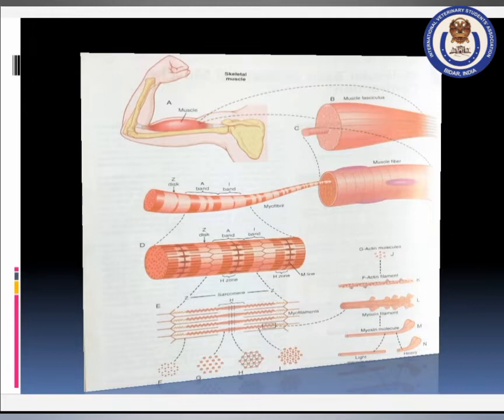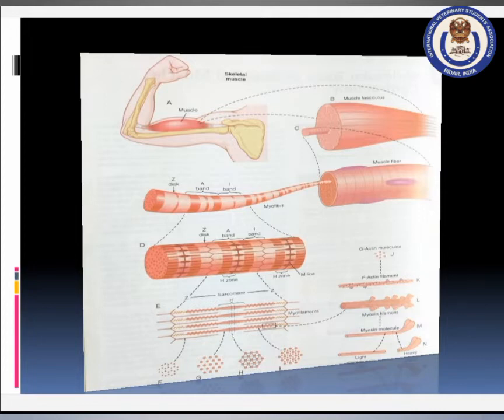Now we'll briefly look at what we have studied. Each muscle fiber protein filament contains parallelly arranged actin and myosin. Myofibril contains alternate light and dark bands. The dark band contains myosin protein, that is thick filament, and the light band contains actin, that is thin filament. The dark band is also called anisotropic, and the light band is called isotropic I band.